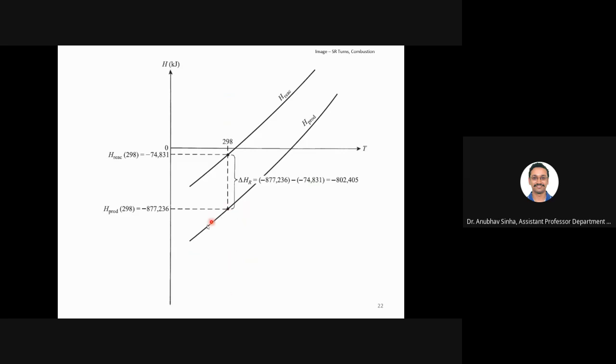So this is the plot which shows temperature on the x-axis and enthalpy on the y-axis. You can see H of reactant is here, H of product is here. So which one is more now? If I talk about the same temperature, let us say 298 K, which one is more, reactant or product? Reactant. Why is that so?